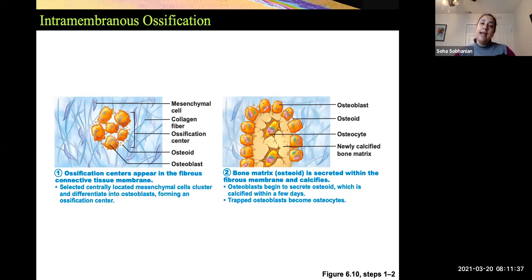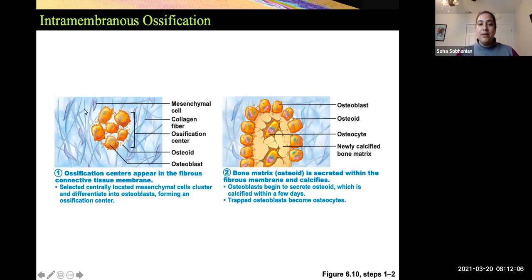Basically, they say, okay, right now I'm a mesenchymal cell, I can be whatever I want, but I want to differentiate into bony tissue. So they make the distinction that they want to become bone tissue, and become the immature bone cells we learned about last time called osteoblasts.